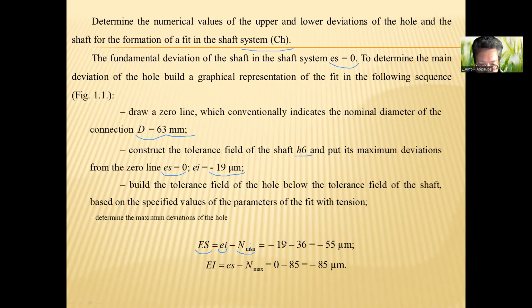Small ei is equal to minus 19 and N minimum is equal to 36. So minus 19 minus 36, we will have minus 55 micrometers. The lower limit deviation of the hole is equal to the upper limit deviation of the shaft minus the maximum interference in the fit. The upper limit deviation of the shaft is equal to 0, and N maximum is equal to 85. 0 minus 85, and we have minus 85 micrometers.